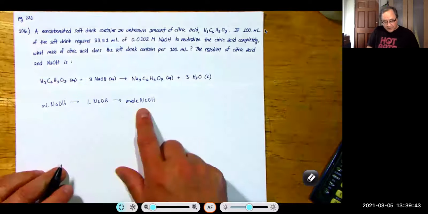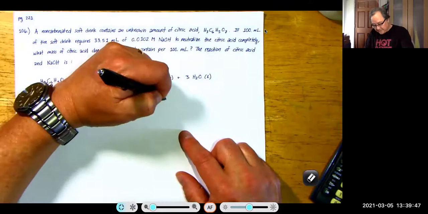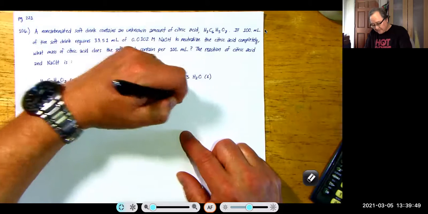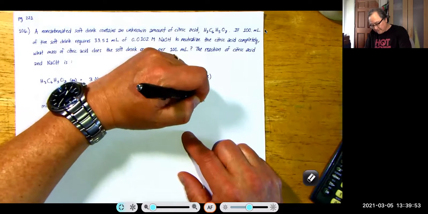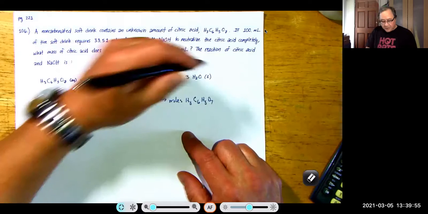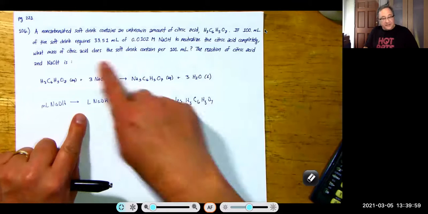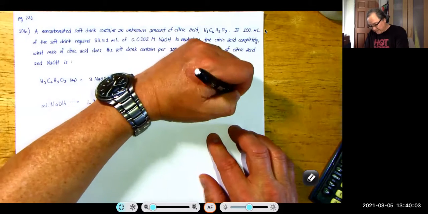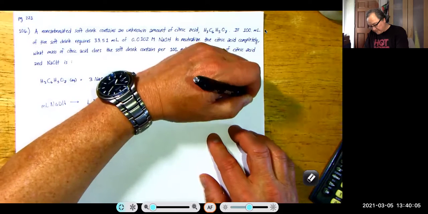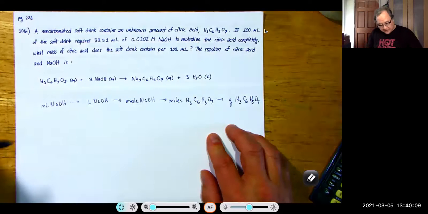And the moles of sodium hydroxide will give me the moles of citric acid. And then the moles of citric acid will give me the mass of citric acid. So let's go ahead and start.